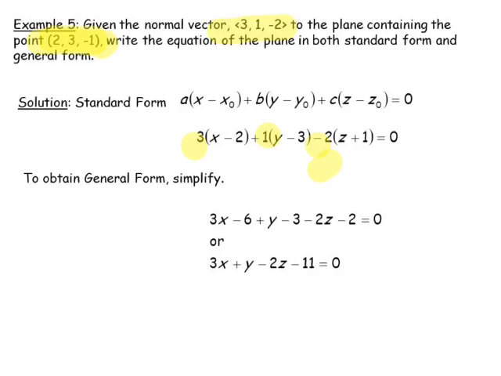And then minus 2 times the quantity z minus -1, so we write it as z plus 1. Now if we want the general form, then we can go ahead and distribute those through, and we can combine our constants to this -11 right here. So our standard form is here, and our general form is here.